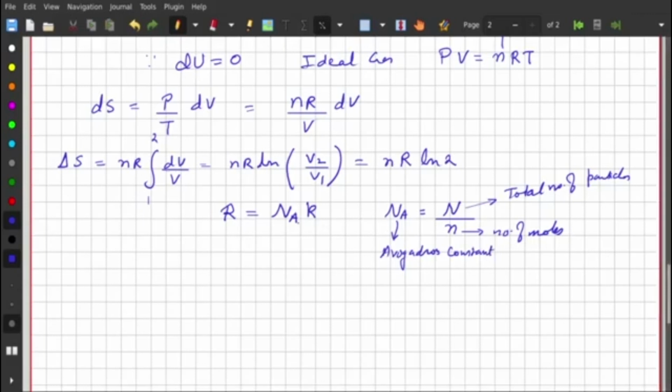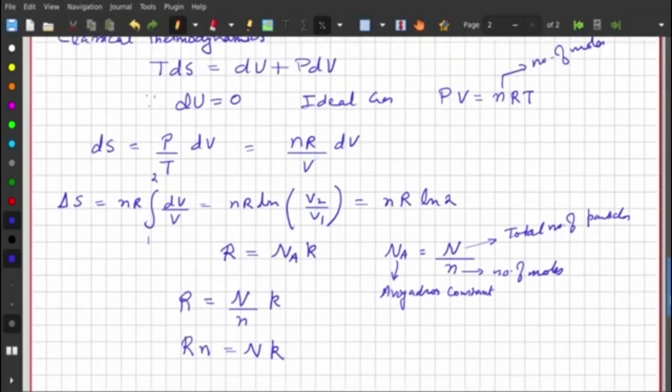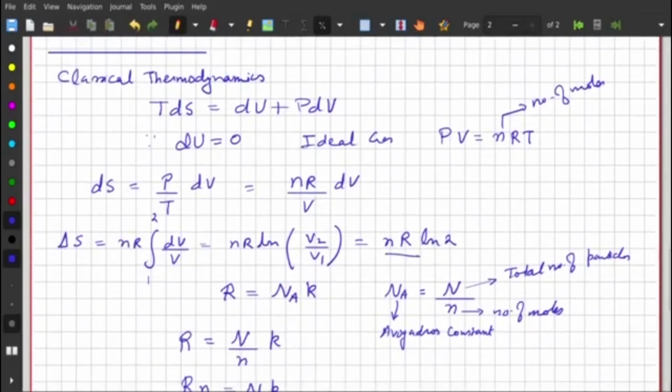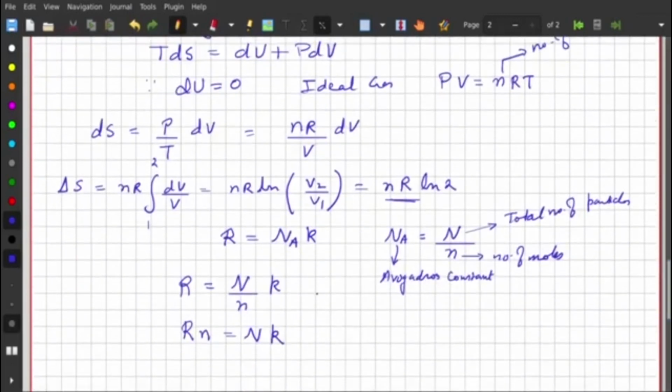So using this, R can be written as capital N by small n times k. Here we had nR, but nR as we saw is the same as Nk.